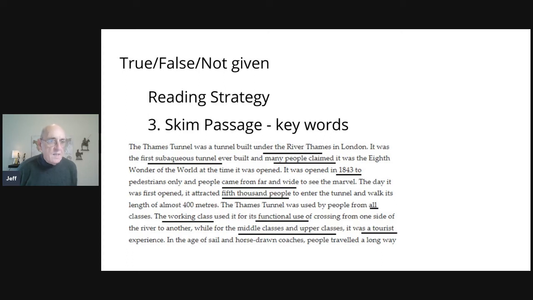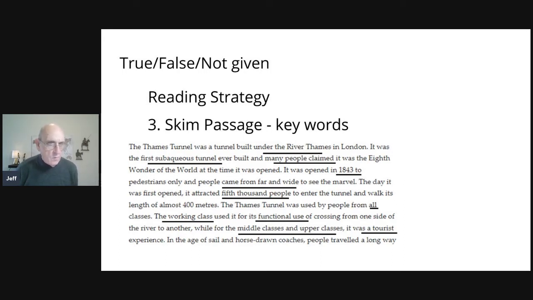I get to the second line and I see a word that I've never seen before in my life, subaqueous. Now, maybe some of you know what this means. I know what it means now because I've seen it before and looked it up. But actually, what's more important is that the word subaqueous is not really going to help me answer a question at all.